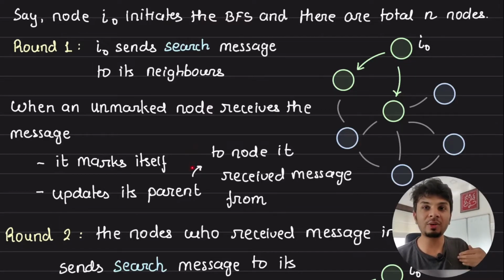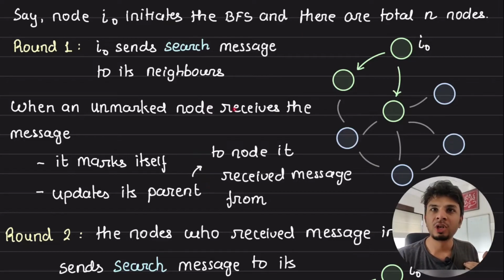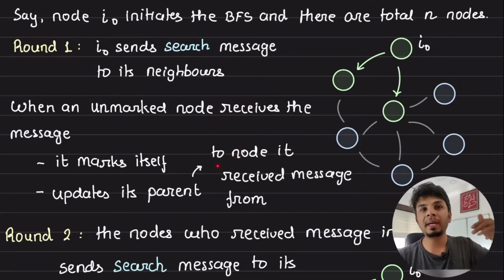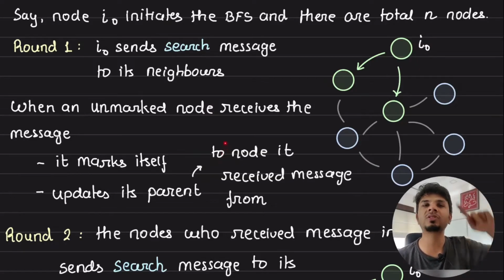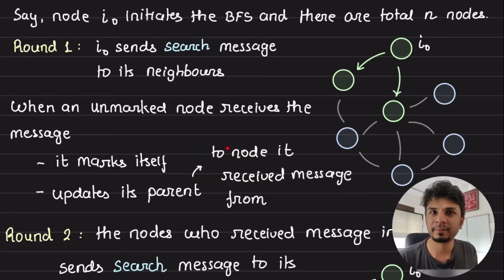As soon as I know I have never received a message beforehand, and this is the first time I'm receiving the message, I am part of this spanning tree, and I'll update my parent. So whenever a node receives a search message, if it is an unmarked node, it marks itself, saying now I'm part of the spanning tree, and this is the node from which I received the message, so this node becomes my parent. Right? And this is what the first round is going to be.